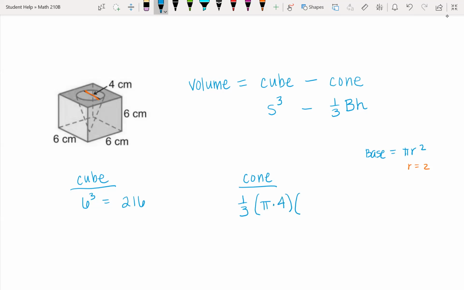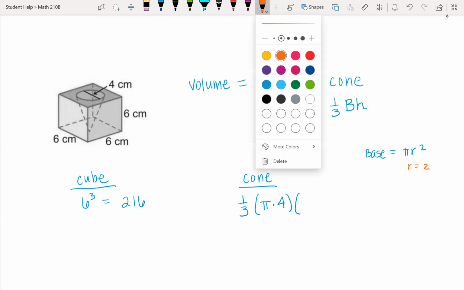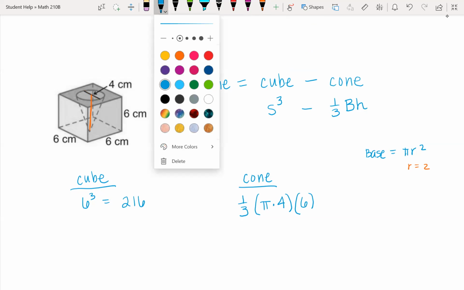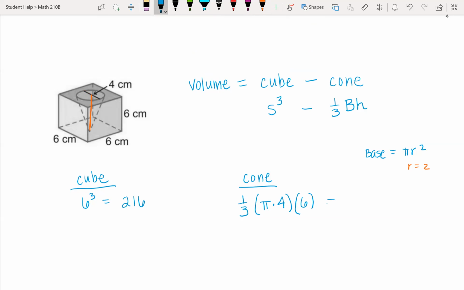And then the height of the cone, we can see, is going to be the same as the height of the cube. So the height is going to be 6. So that is 24 divided by 3, which is 8. This is going to be 8 times pi.